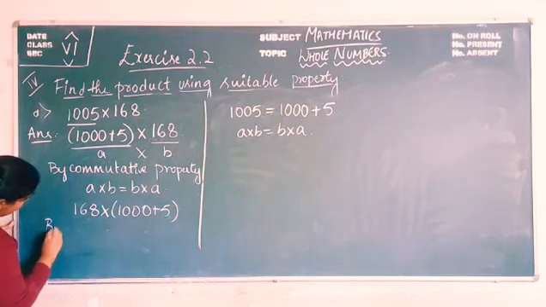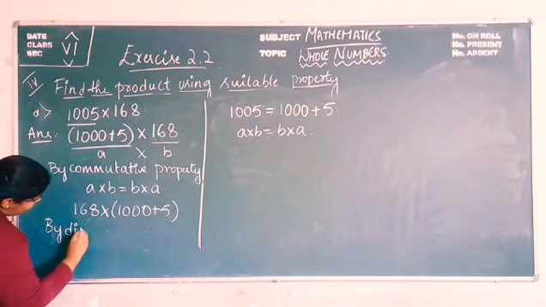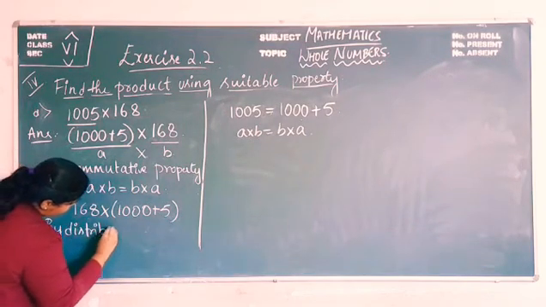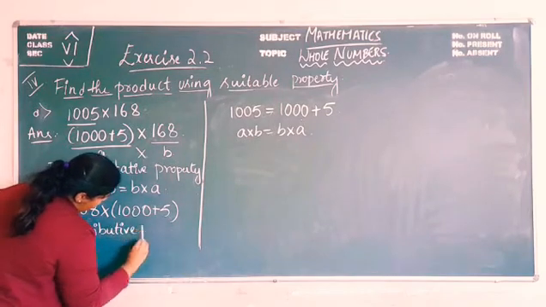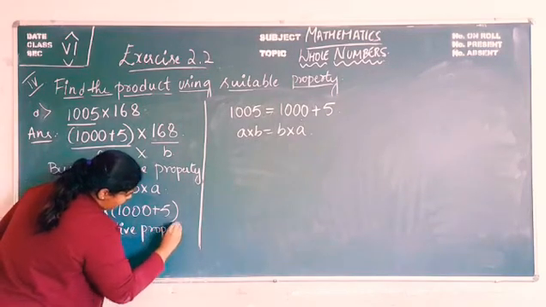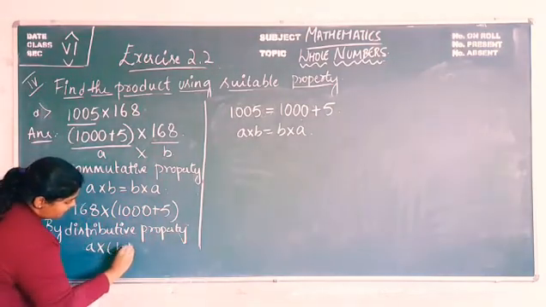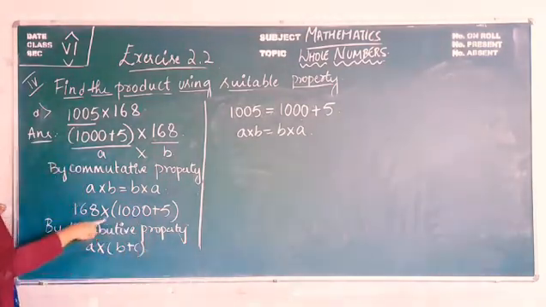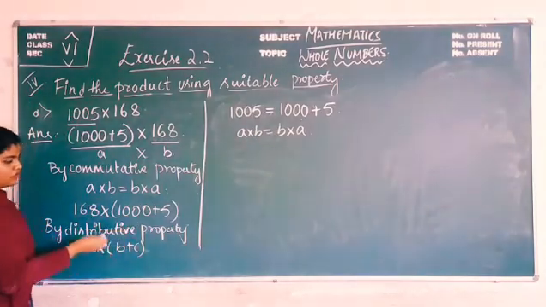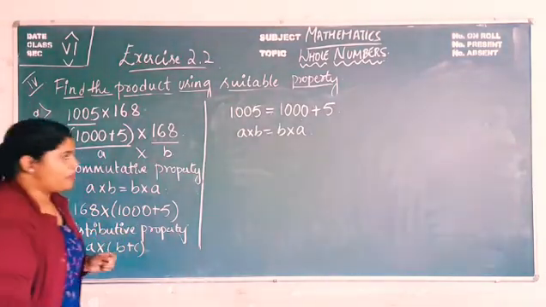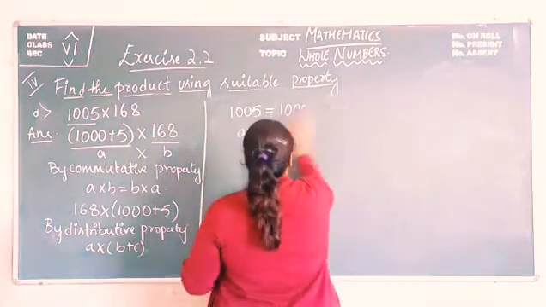By distributive property, we can say that this is of the form A into B plus C. Now we have reduced it into A into B plus C form, so now we will apply the distributive property to solve this expression.